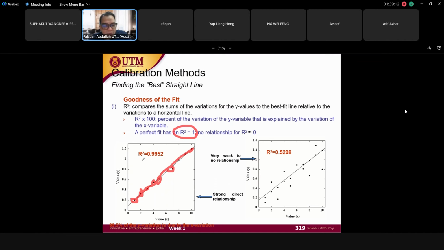The minimum acceptable is 0.995. If you got 0.999, which means most of the standard concentrations rely on the straight line, that is very good. It means you prepared all the solutions with the exact concentration. So acceptable is 0.995.